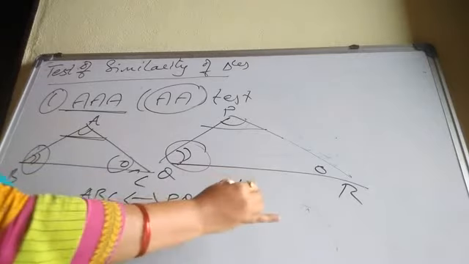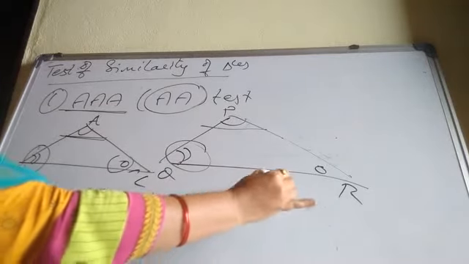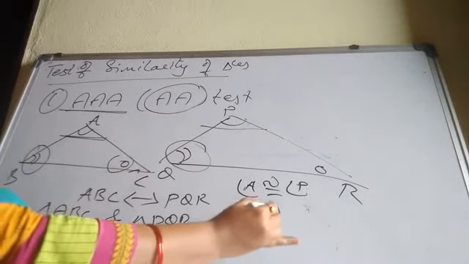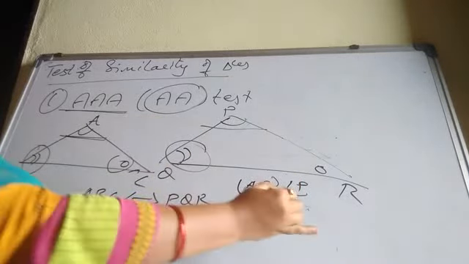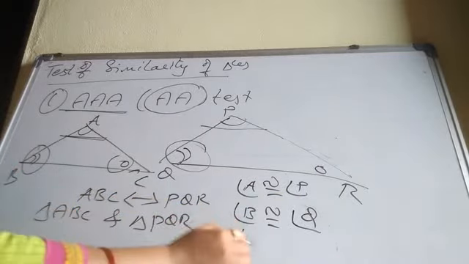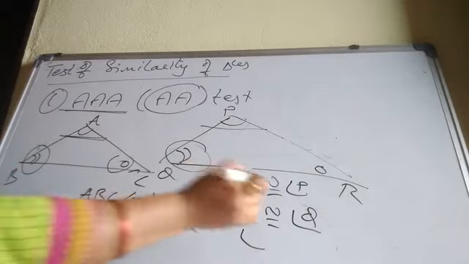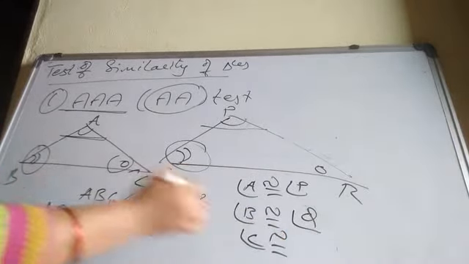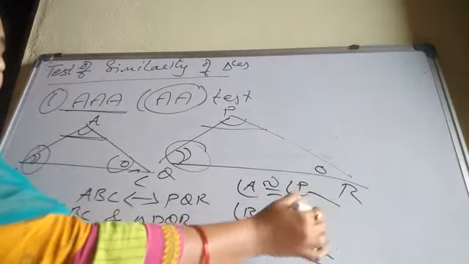Angle A is congruent to angle P. Second, angle B is congruent to angle Q. And last one, angle C is congruent to angle R.